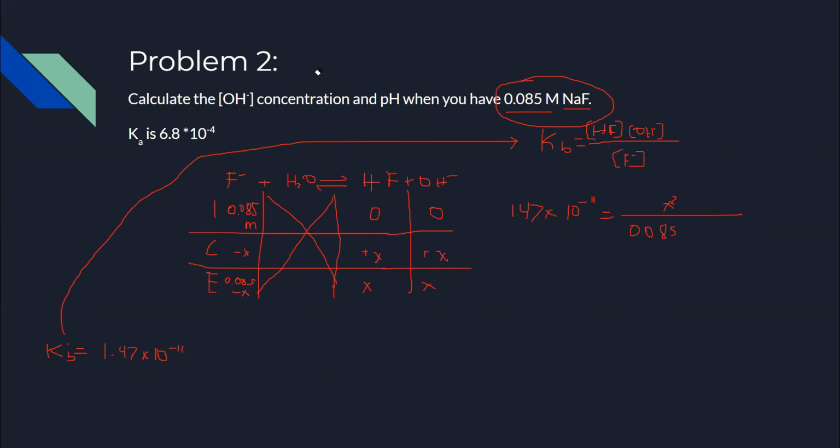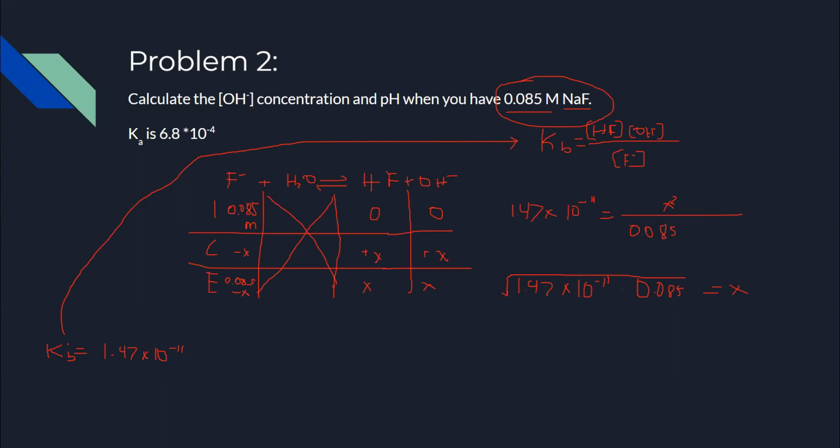And then you solve it like you would for a normal thing. You basically get 1.47 times 10 to the negative 11th times 0.085, and then you square root it, equals x.